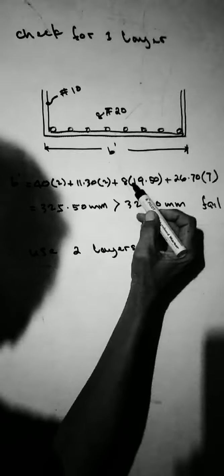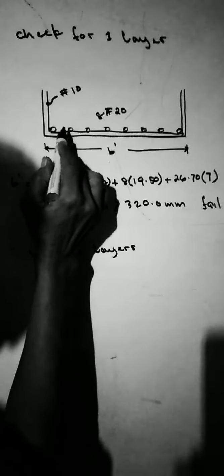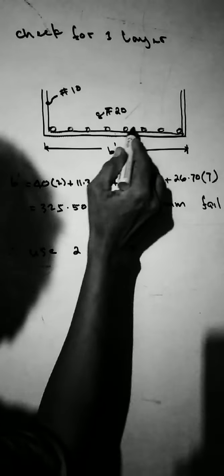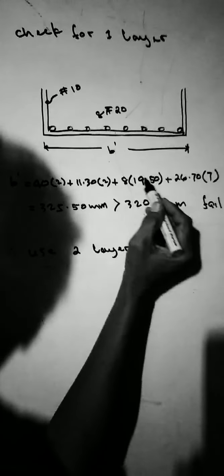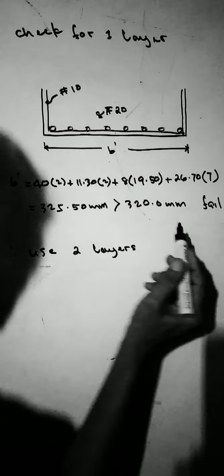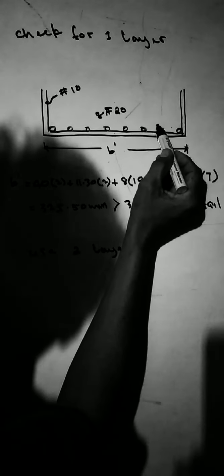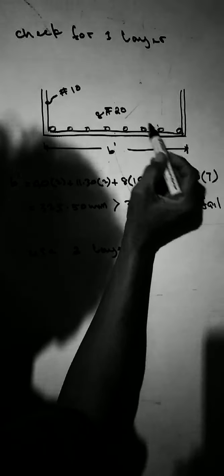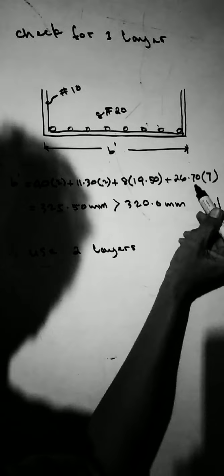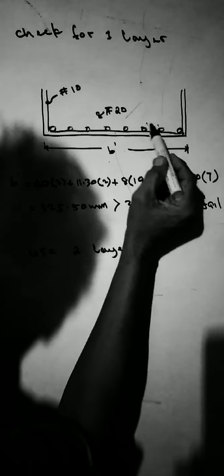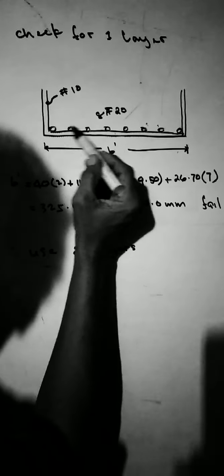Then 8 reinforcing bars, 1, 2, 3, 4, 5, 6, 7, 8, times the diameter 19.50, plus the spacing, 26.70, times 7 spaces: 1, 2, 3, 4, 5, 6, 7.